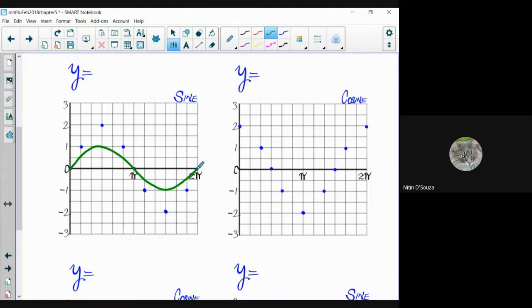So it looks like my 1 became 2, my minus 1 became minus 2. So it looks like I've got a vertical stretch of 2. So this equation looks like y equals 2 sine theta. Just the vertical stretch. Okay?